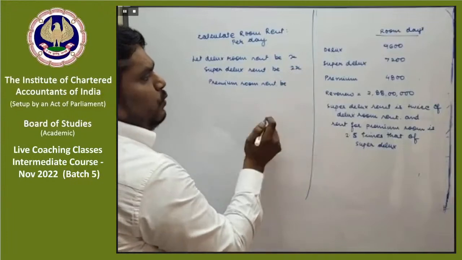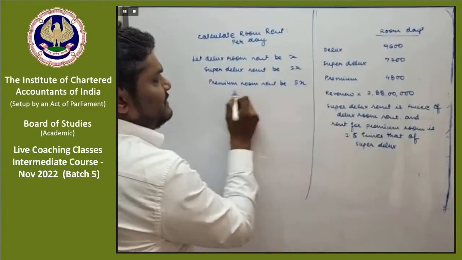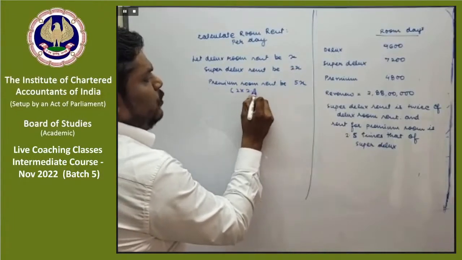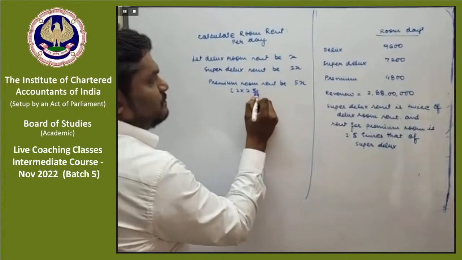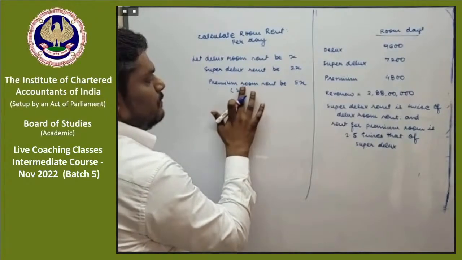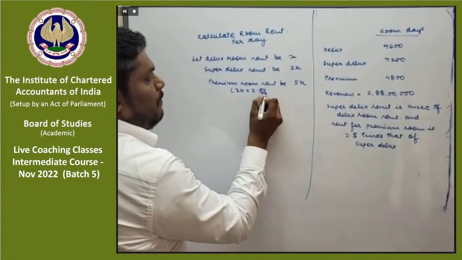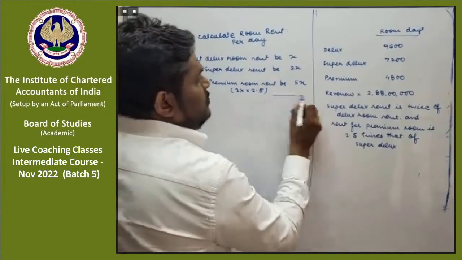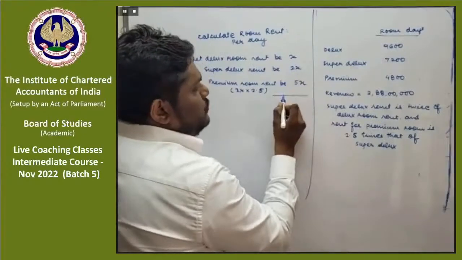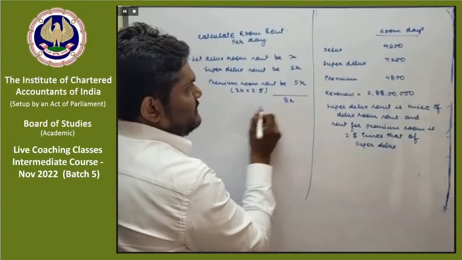So 2 into 2.5, that is 5x. So total 1 plus 2 plus 5, that is 8x.